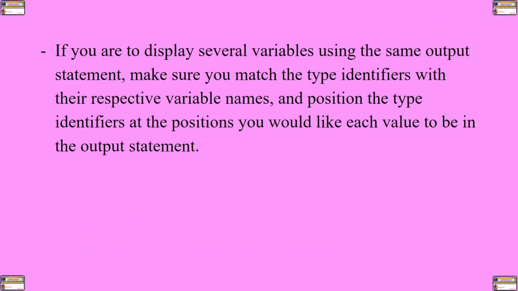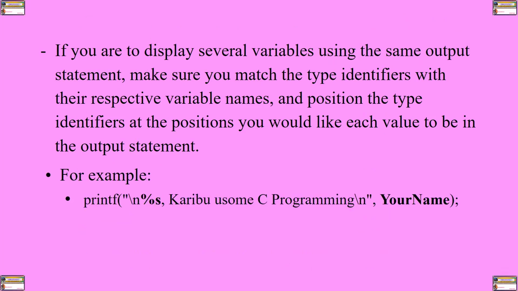So if you are displaying several variables using the same output statement, make sure that you match the type identifiers with their respective variable names and you position the type identifiers at the positions you would like each value to be in the output statement, just as we have seen.